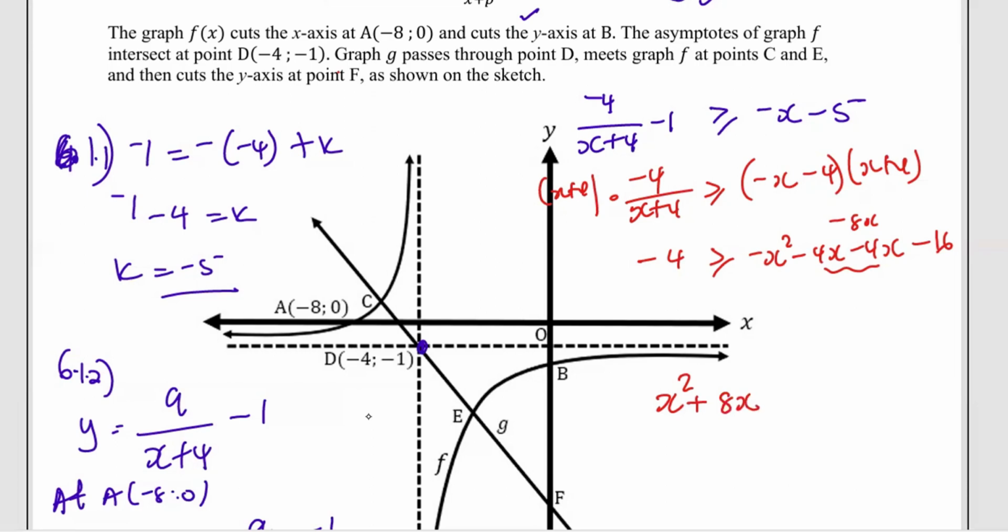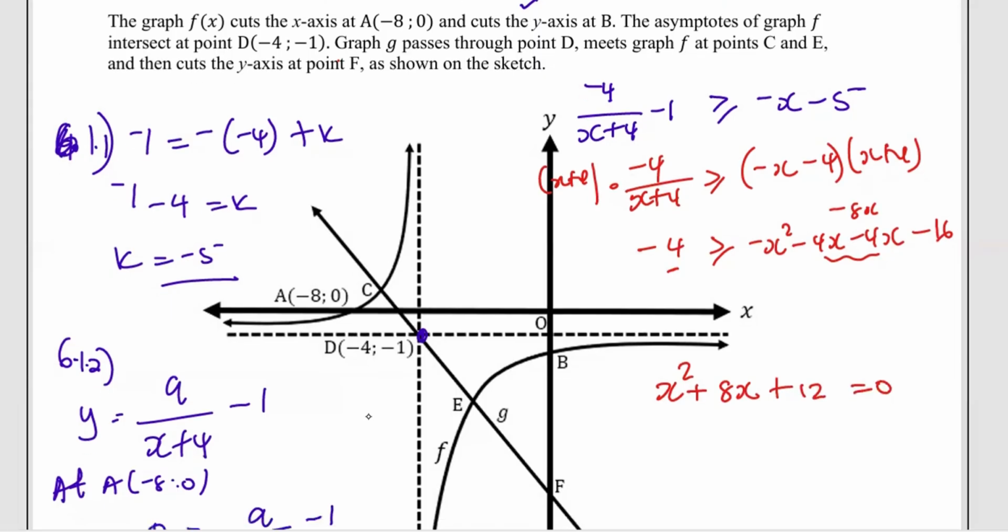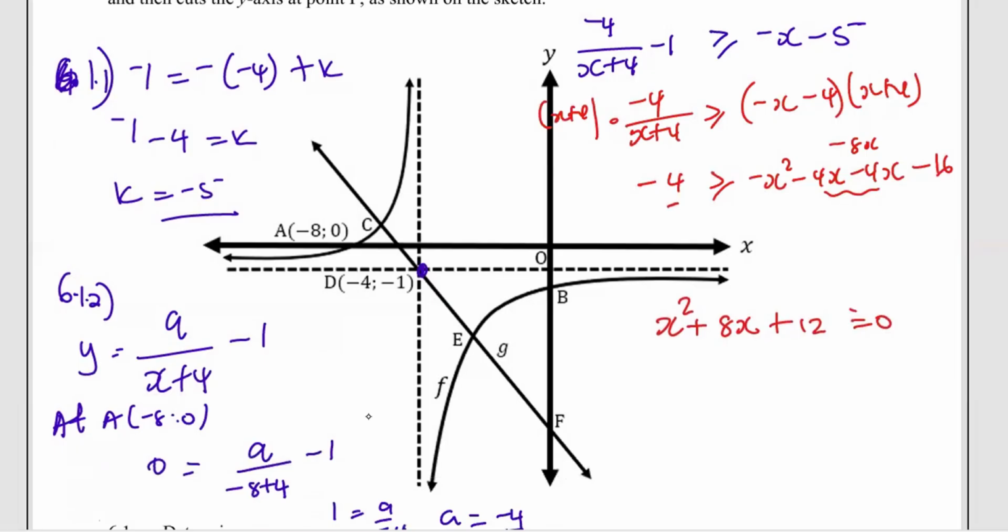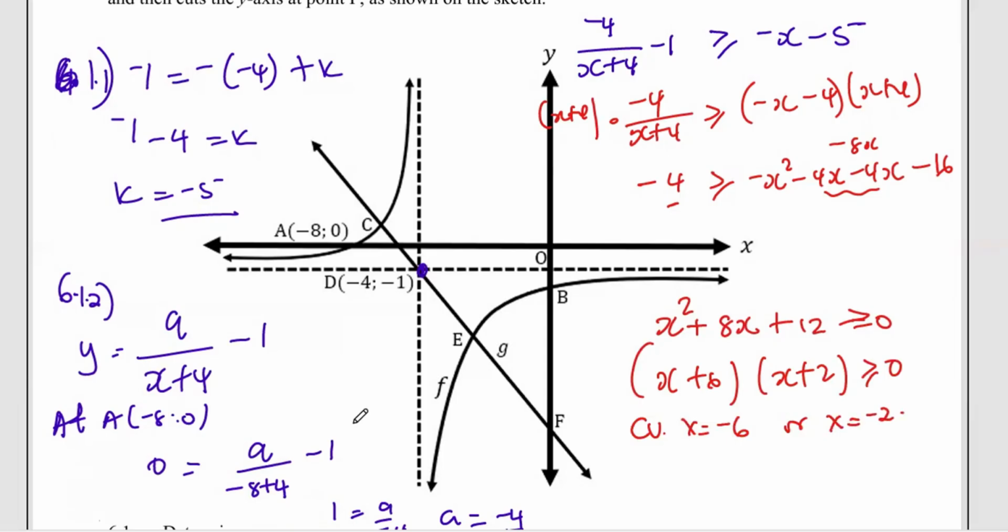When this one neutralizes that, we get a positive 12, is greater or equal to 0. Let's factor: x and 6, x and 2. Meaning that our critical values, x will be negative 6 or x is going to be negative 2.